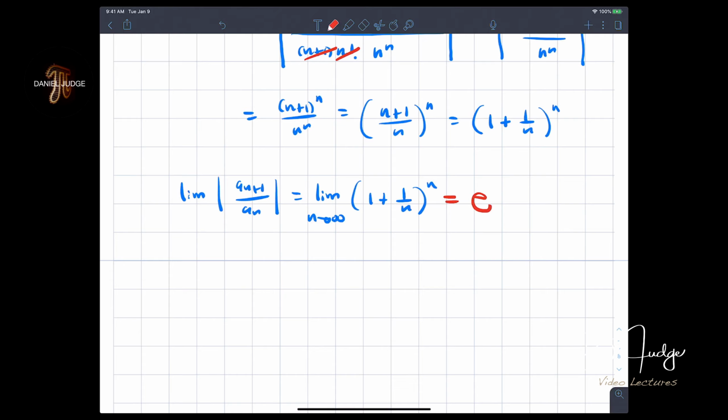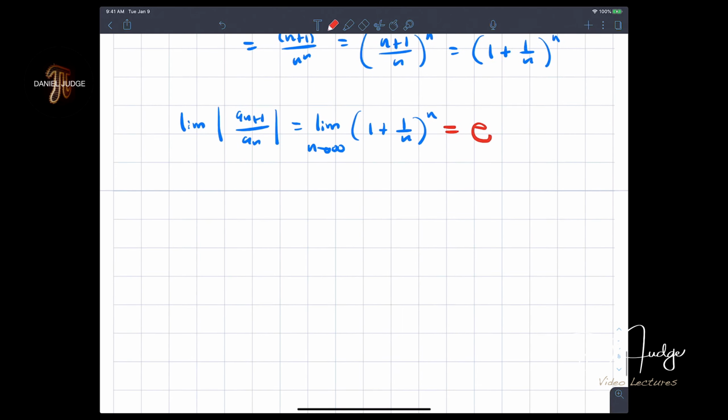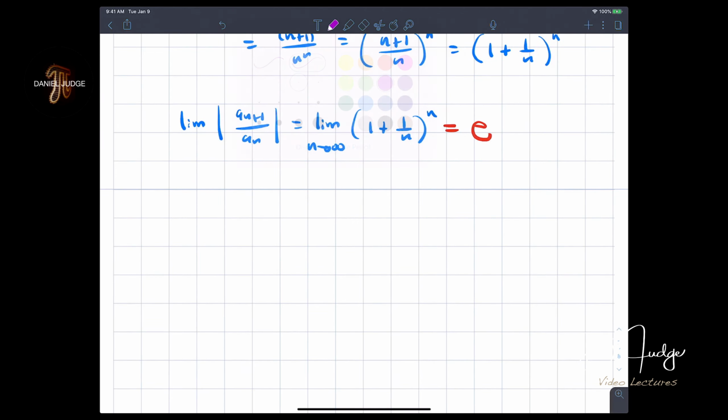I teach various math courses, so I know this. However, if you say, Mr. Judge, I don't know that, what do you do? Remember, you let y be 1 plus 1 over n to the n.